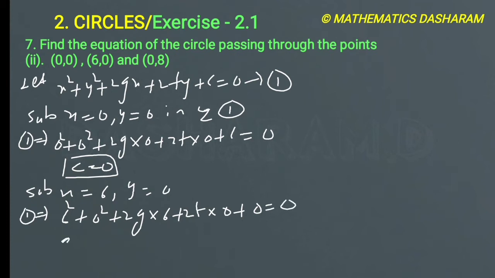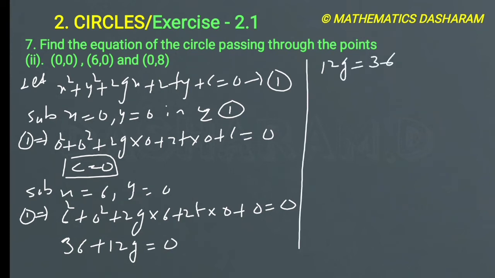Now 6² is 36, 2 times 6 is 12g, and it equals 0. Next, 12g = −36, so g = −36/12, which equals −3. So the g value is −3.